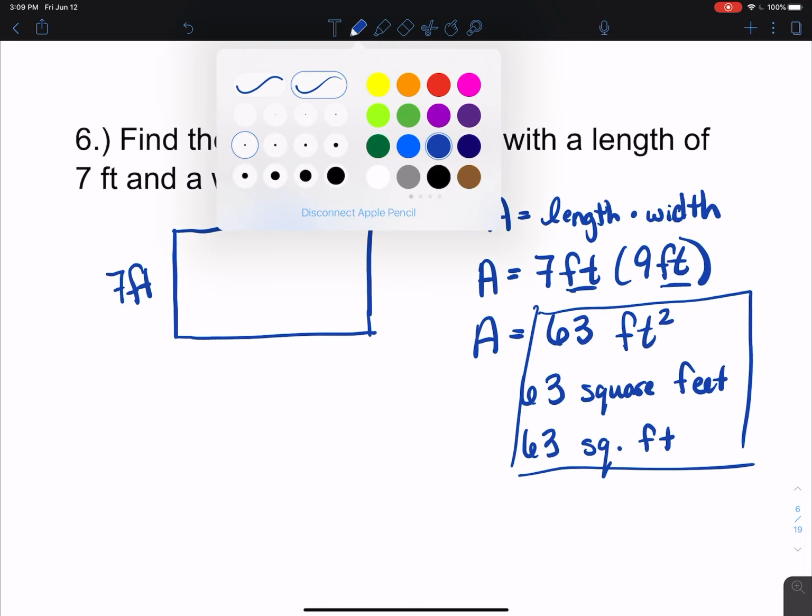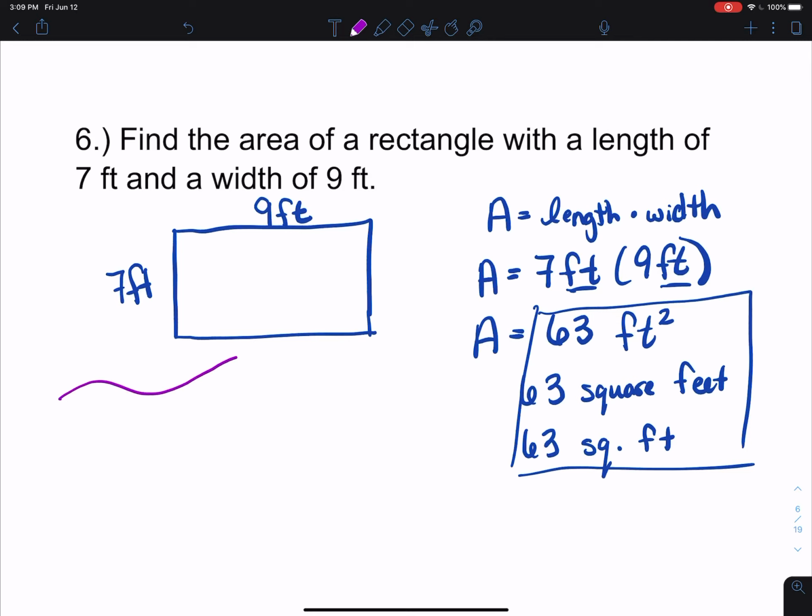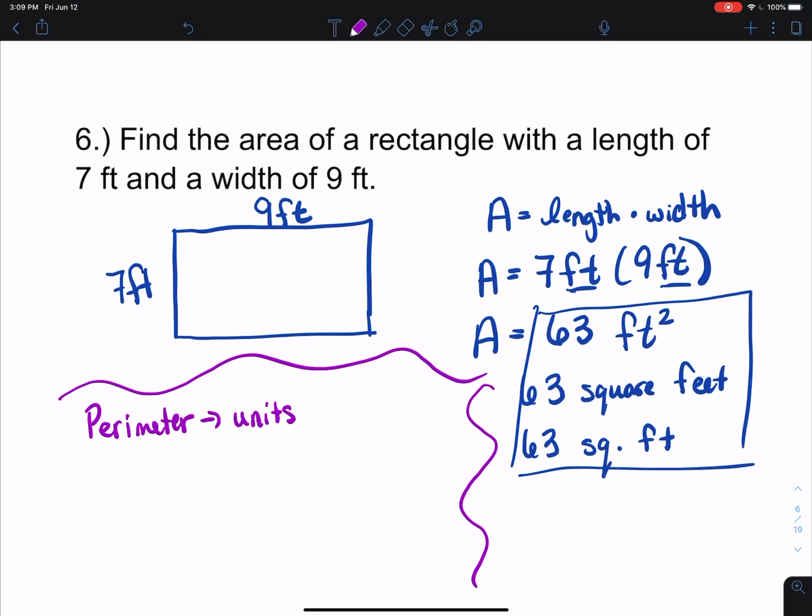As kind of a refresher when we're talking about geometry, if you're trying to find the perimeter, the units stay the same. So it would just be units, or if we think in terms of this problem, it would just be feet. And remember, perimeter is when you just add up all the sides.